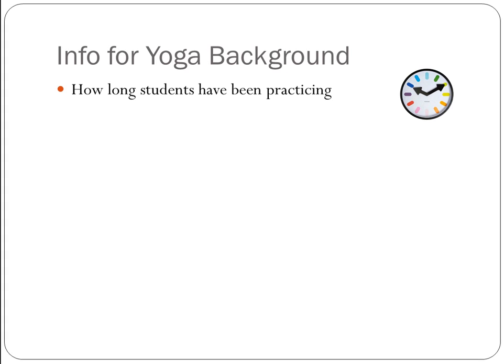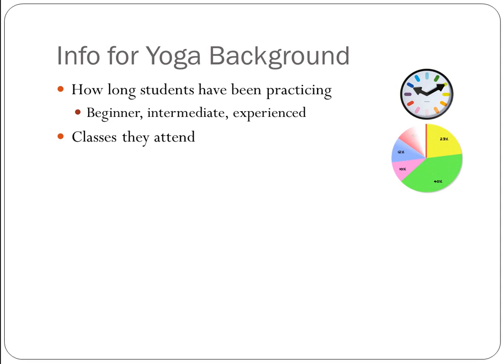For yoga background, we want to know how long have they been practicing yoga. This could be a time frame, or you could simply classify students as beginner, intermediate, or experienced.